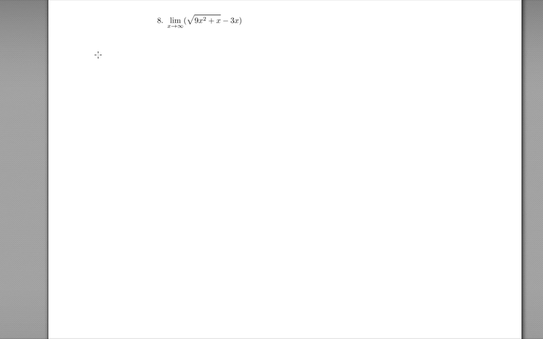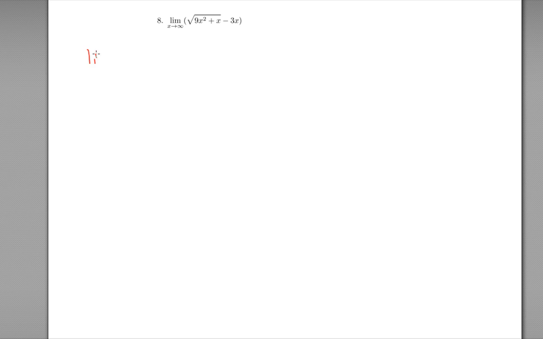What we need is to get a top and a bottom out of this. Then we can use our divide by the highest power of x trick. To get a top and a bottom, we're going to multiply by the conjugate again.